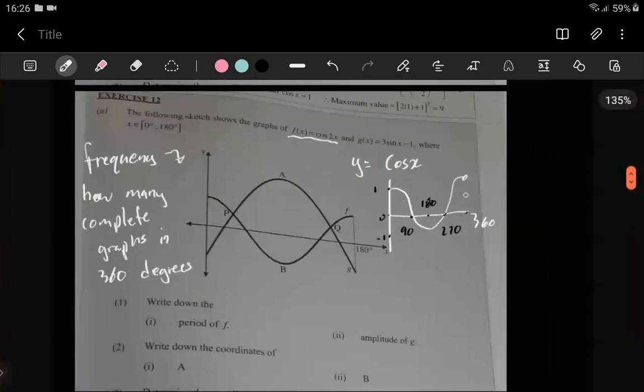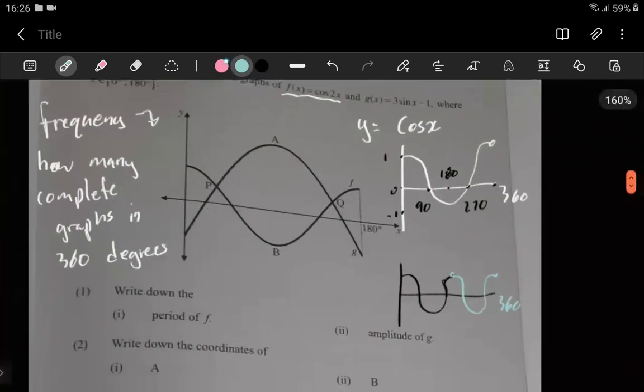So for this image, you can already see that you have one graph in a space of 360. So the frequency is 1. However, the moment your frequency is at 2, it means that in a space of 360, you'll see 2 complete graphs. So you'll see one, and then after that, you'll see another one, between 0 and 360.